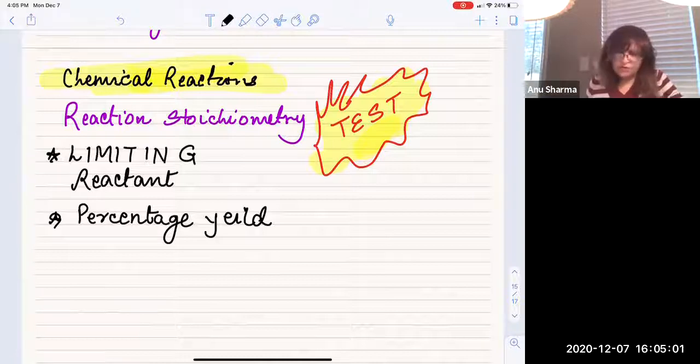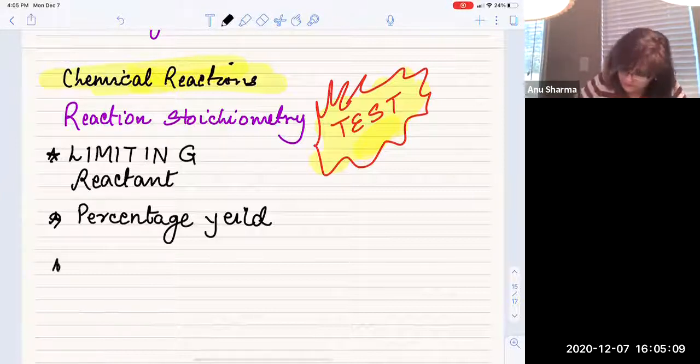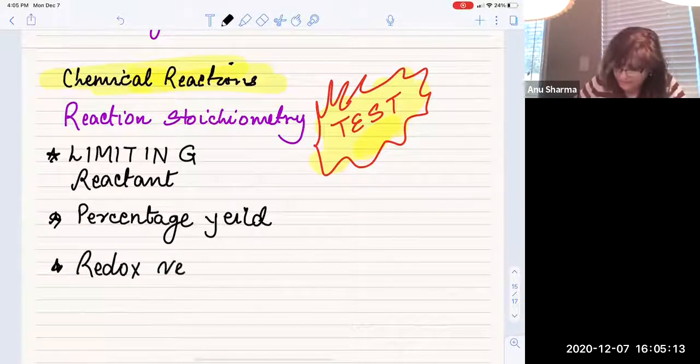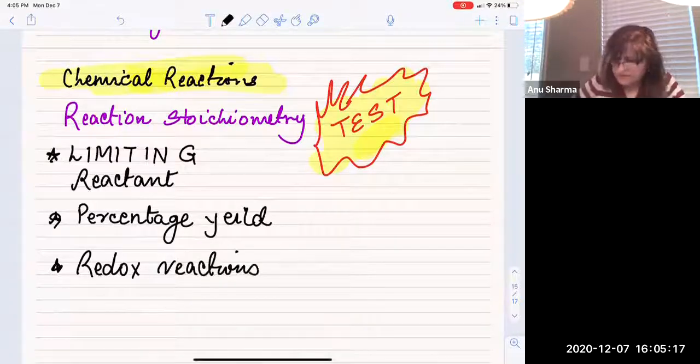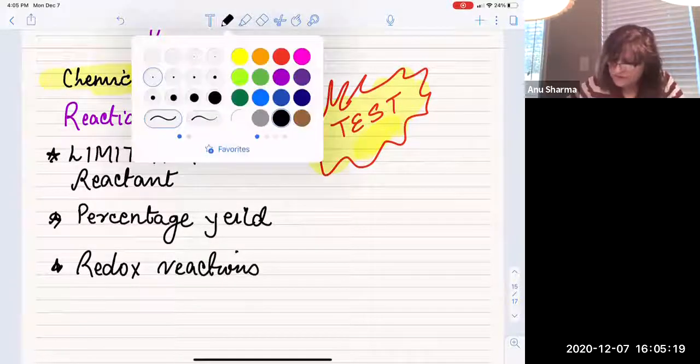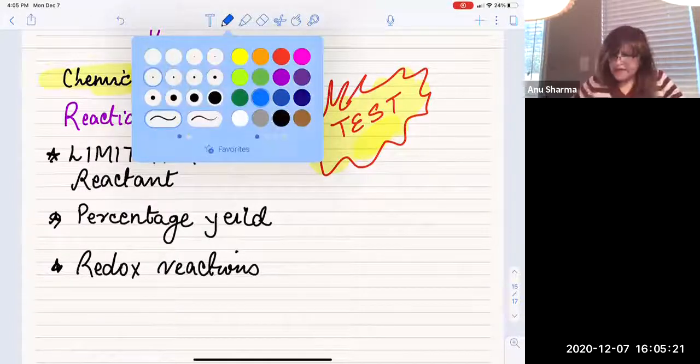Then you should just know redox reactions, what those are, and balancing equations, which we have already covered. Next, look at the redox reactions. That's also important. And then just balancing equations and all. So that's the chapter on chemical reactions.